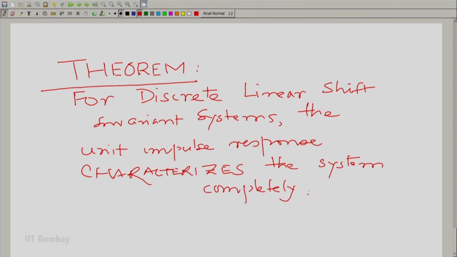What do you mean by characterizing the system completely? It means that given any input x[n], I must be able to determine the output y[n] given the unit impulse response. So, I need to complete a formal proof now to show that if I have this unit impulse response, I can write down y[n] explicitly in terms of x[n].